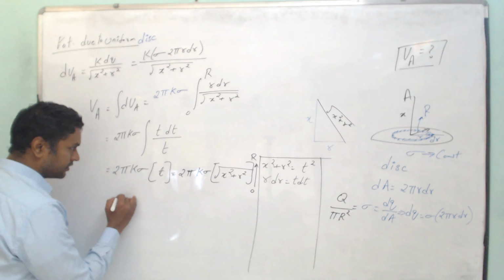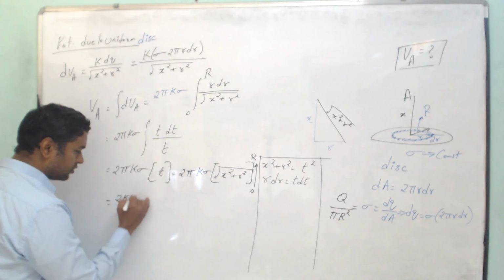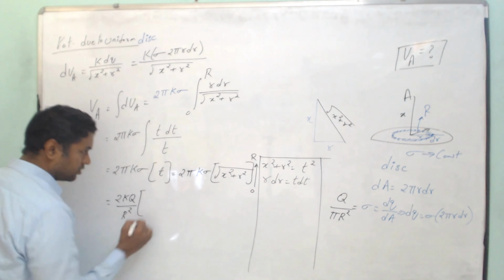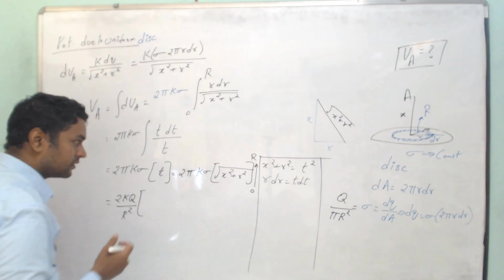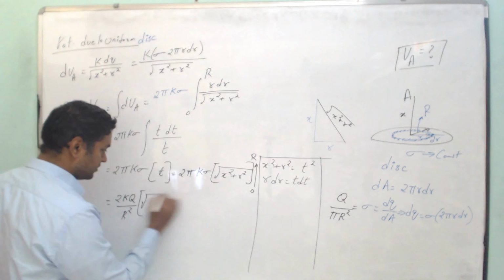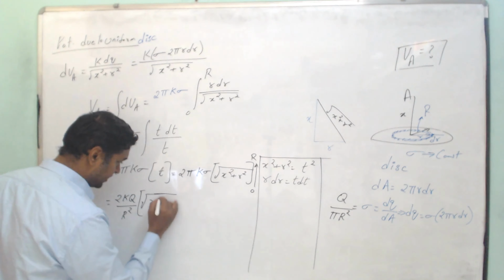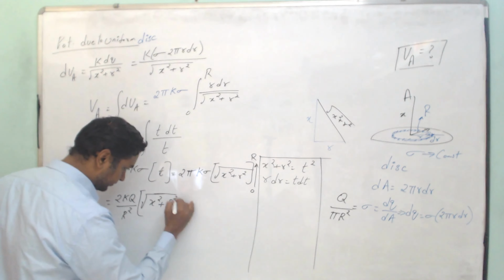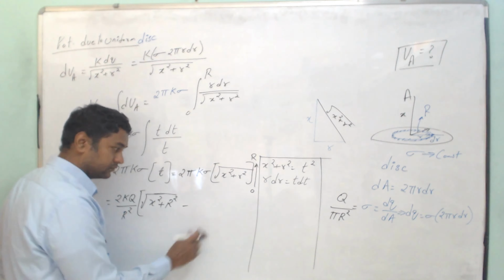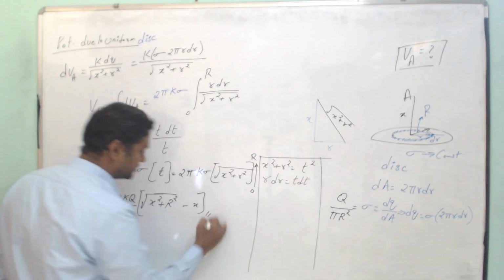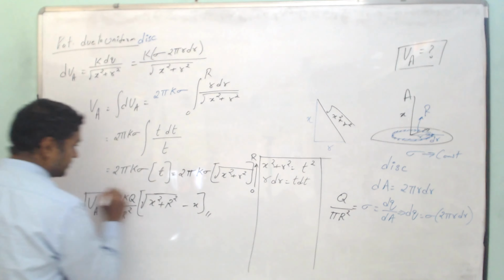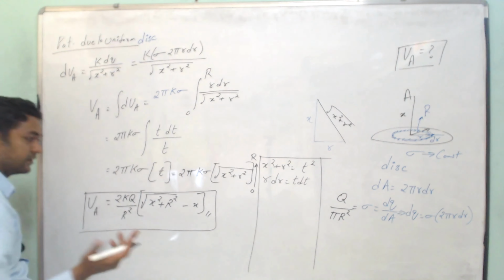So what should I write? 2 K q by R square into, upper limit, square root of x square plus capital R square, minus lower limit, x. This is the final answer. Clear? Yes, sir. Not at all difficult, right?